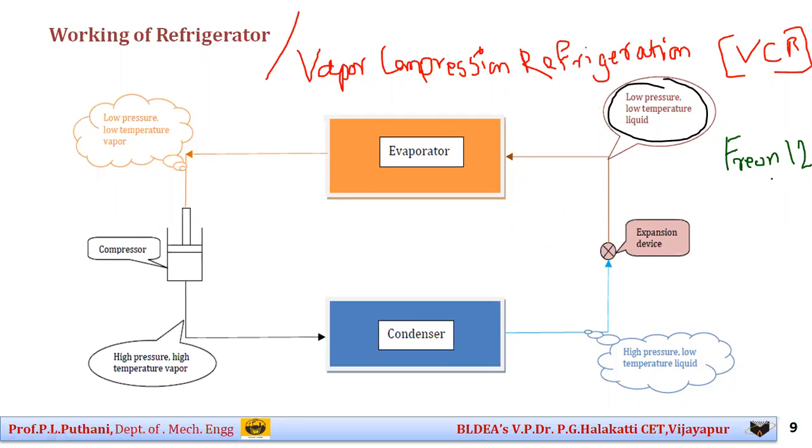It is nothing but a refrigerant, the working medium which is responsible for undergoing the phase change from liquid to vapor as well as vapor to liquid. Symbolically, this Freon 12 we also write as R12.